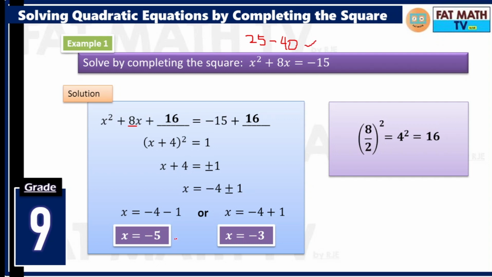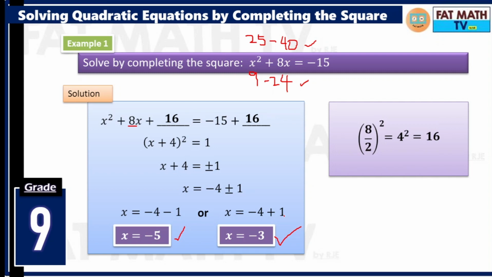So this is correct. How about negative 3? If x is negative 3, this is 9. And 8 times negative 3 is negative 24. So 9 minus 24 is indeed negative 15. So this answer is correct.